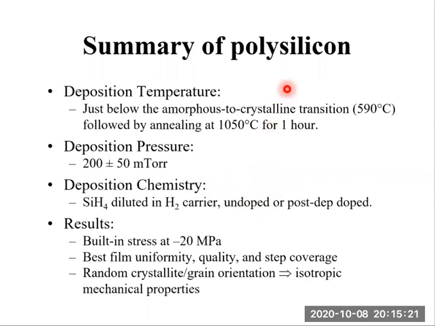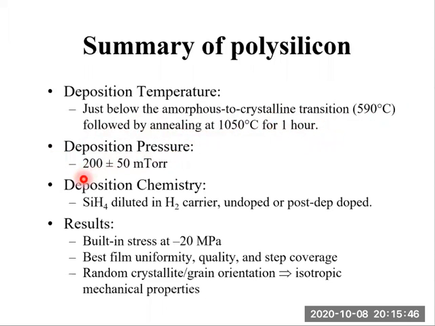Summary of polysilicon. The deposition temperature is just below the amorphous to crystalline transition, namely slightly below 590 degrees C, followed by annealing at 1050 degrees C for 1 hour. So this high temperature annealing can reduce the built-in stress to almost zero.